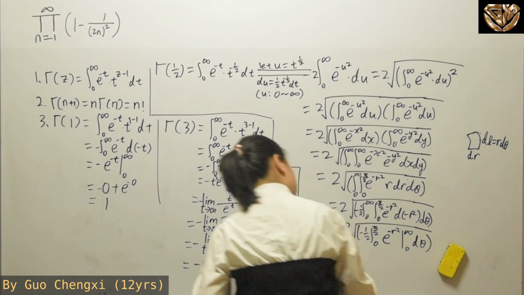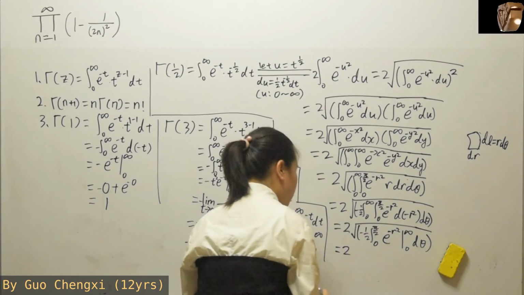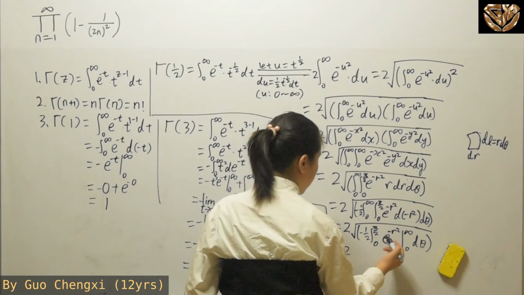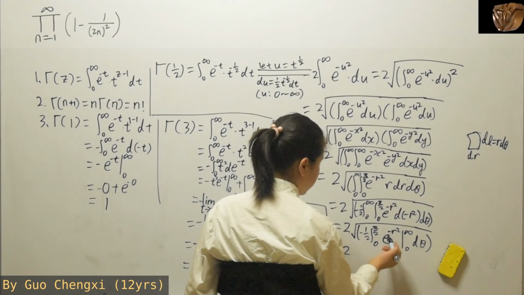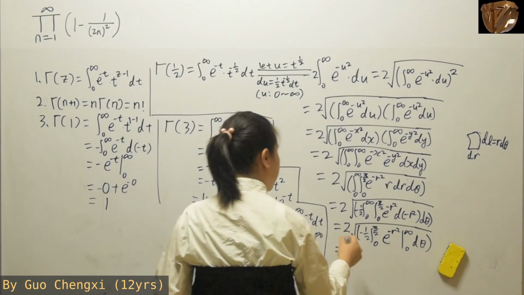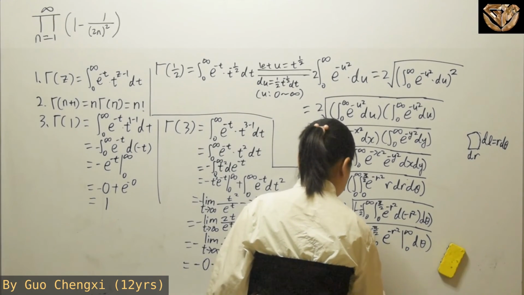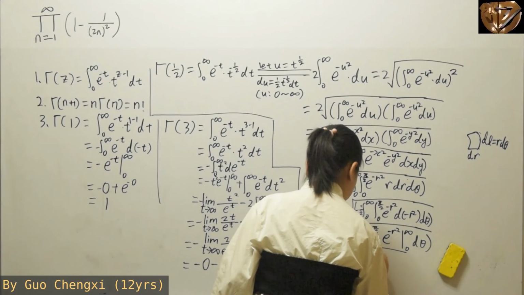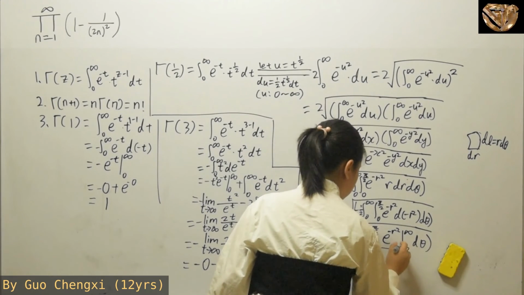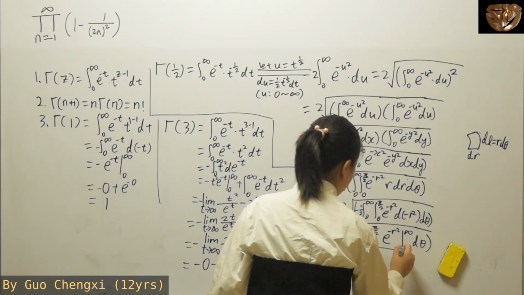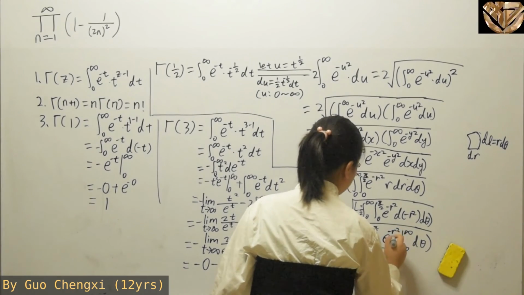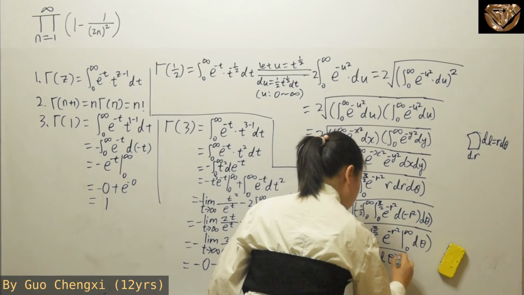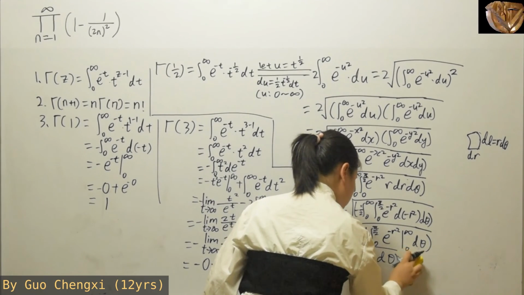And as you can see for this part, if you sub this part in, it will become 0, but if you sub this part in, the negative will be cancelled, and it will be left with half integral 0 to pi over 2, and then e to the power of 0, which is 1, and this is what you get.